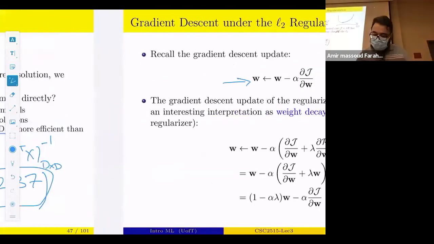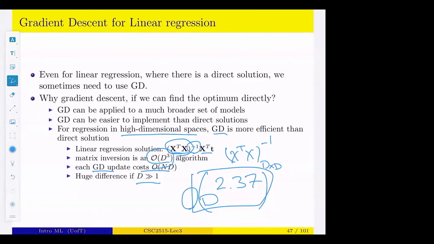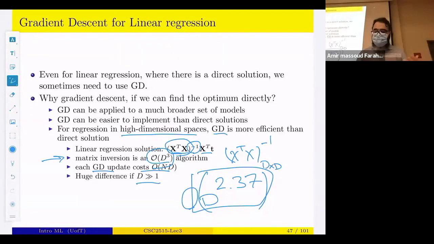So this comparison is for one step of finding the solution. D cubed is the cost of finding the solution after multiplying with other matrices. But as you pointed out, this is only the cost of one step. We can talk about the convergence rates of gradient descent getting to epsilon accuracy of the optimum, and the number of iterations required for that. But I haven't really talked about that.